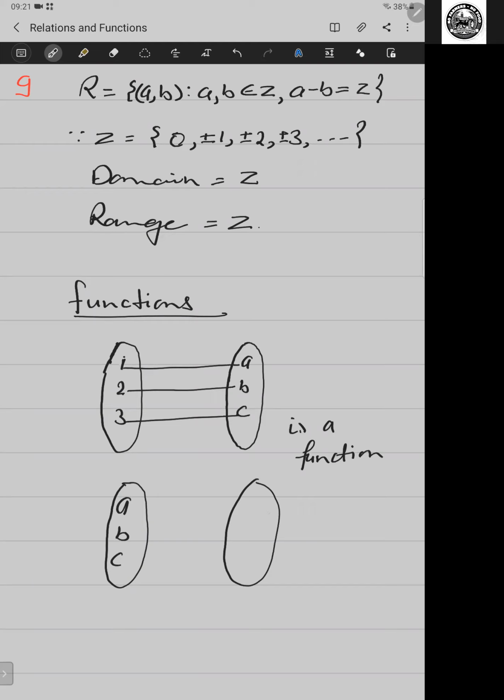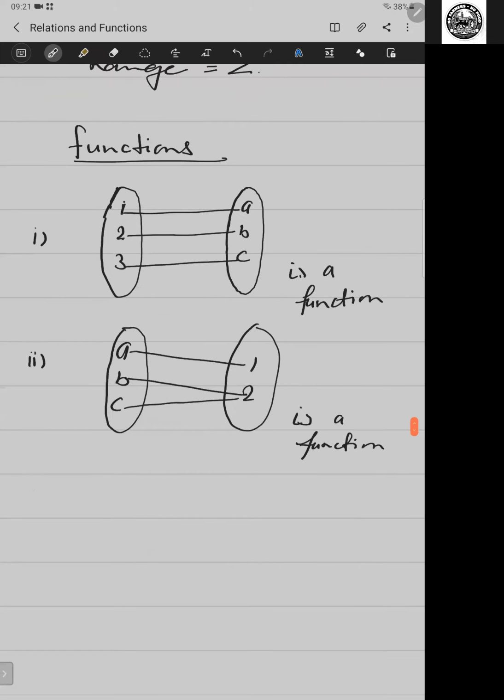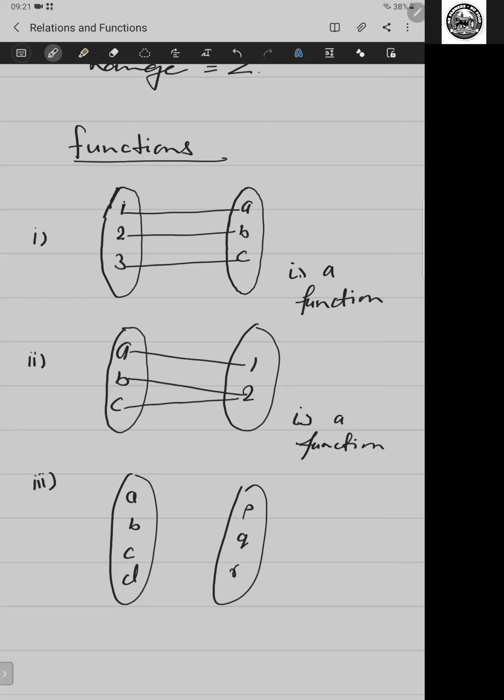A, B, C, 1, 2. It is a function. It is a function.